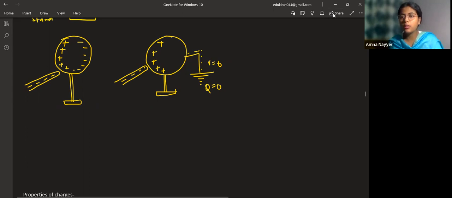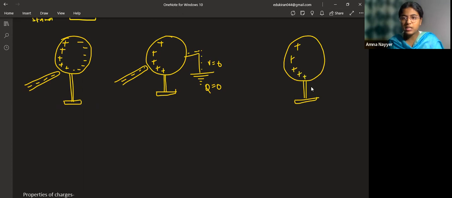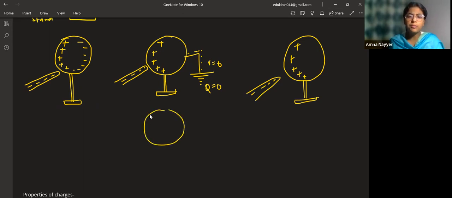Now, what is the scenario? The sphere is there. Only positive charges are held at one end because of the rod. Now, even if you remove this rod, what will happen?